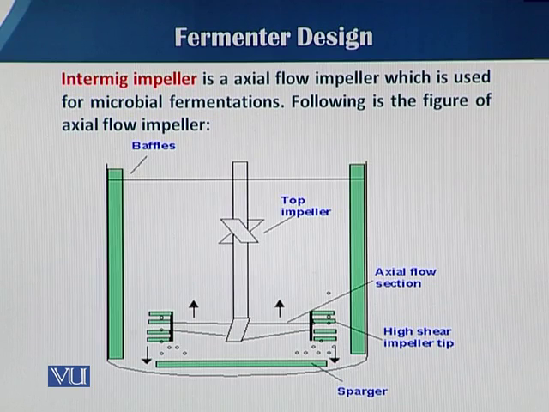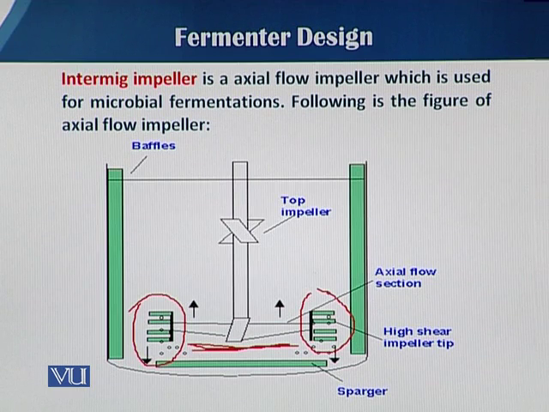The impeller mostly used in such cases is the intermig impeller, which is actually an axial flow impeller. You can see in this picture, in the center of the highlighted red line, it is designed just like the axial flow impellers, but on the edge there is another rotating design.